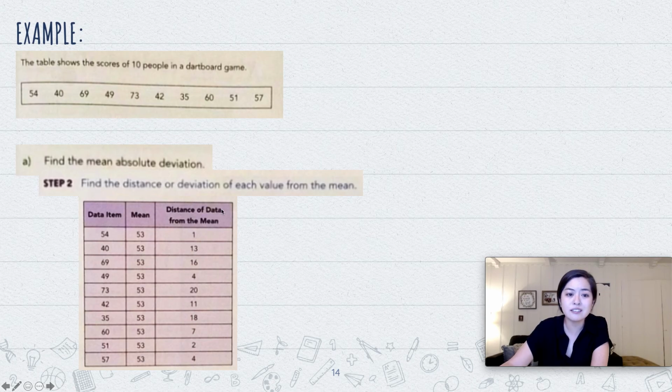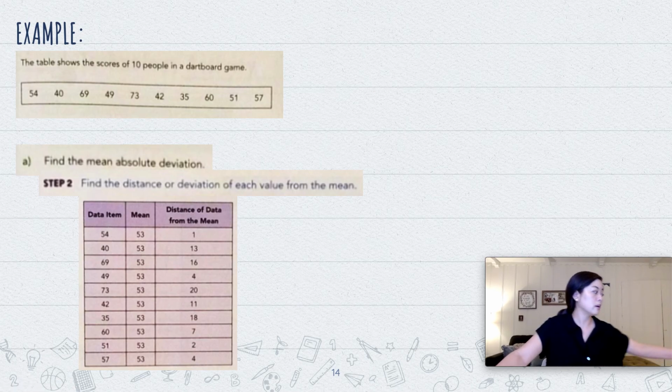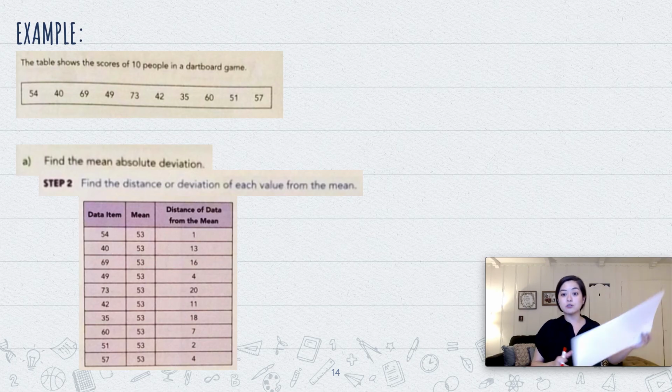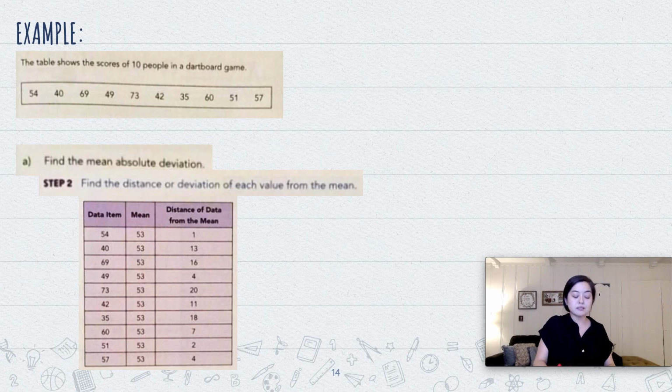Next, we want to find the distance of the data from the mean. This is the mean, this is the data. How far away is it? It's 1 unit away. You can do 54 minus 53, the greater number minus the lower number.